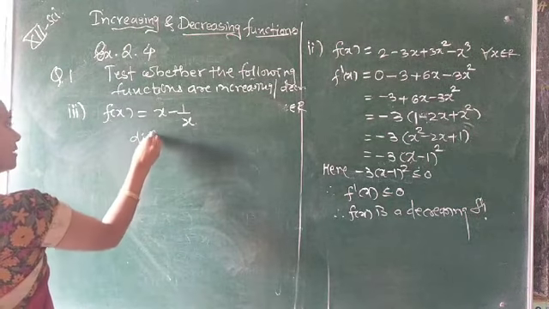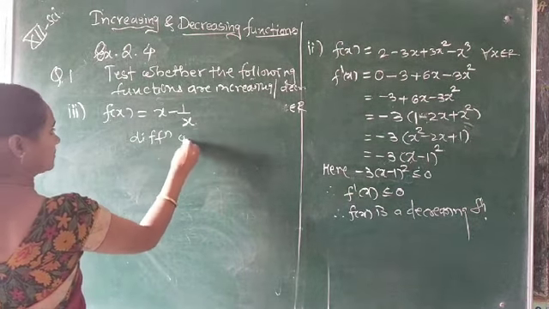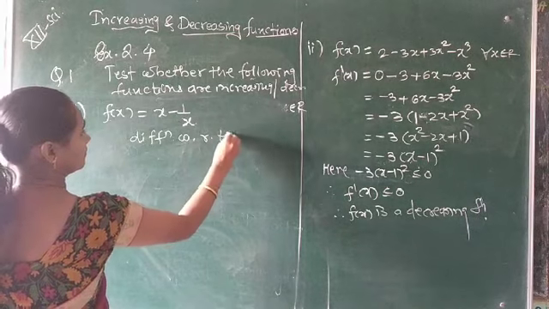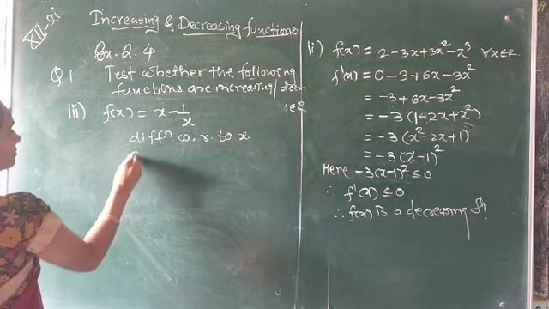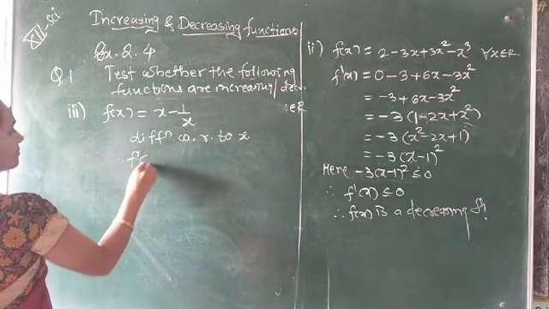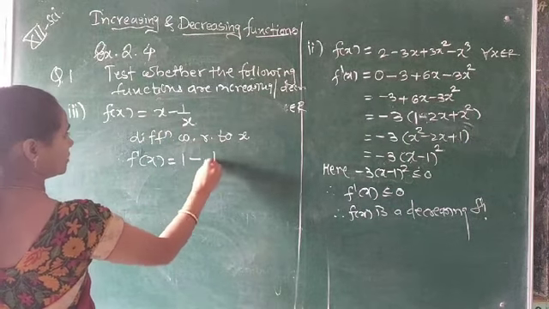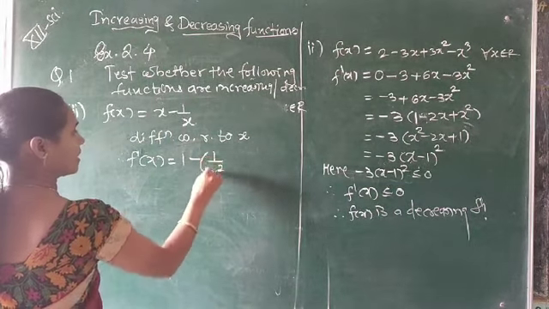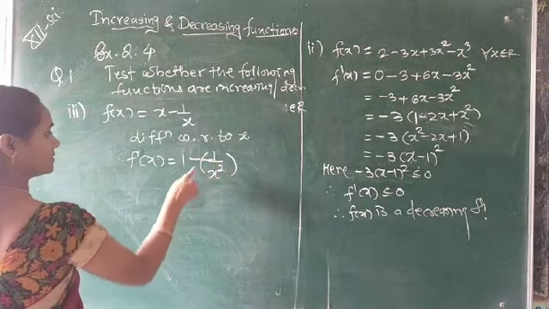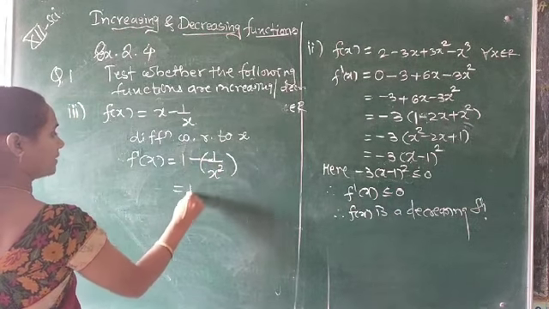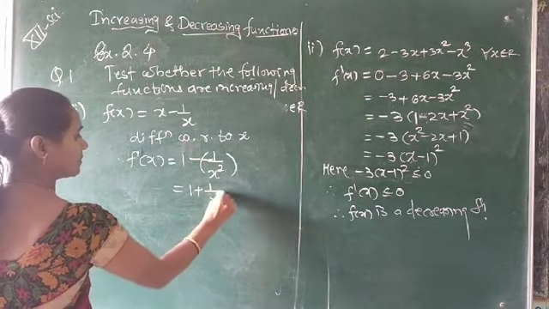Differentiate with respect to x. Then the derivative f dash of x: derivative of x is 1, minus derivative of 1 upon x, which is minus 1 upon x square. Since the minus will become plus, 1 plus 1 upon x square.